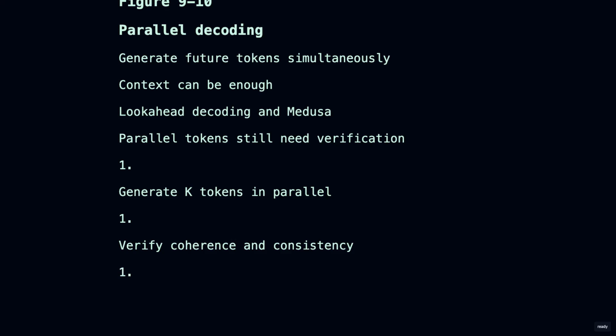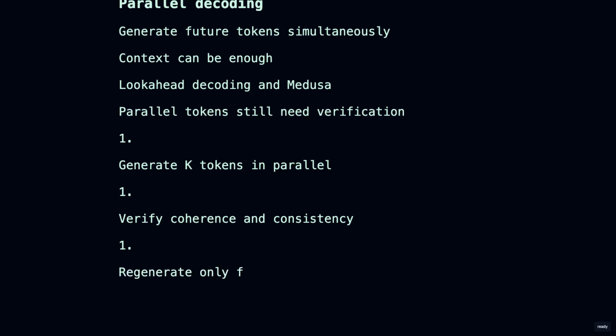If some candidates fail, the model only repairs the bad ones. It does not need to discard everything and start over. That selective correction is what keeps the method efficient.